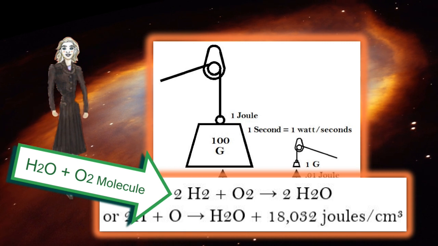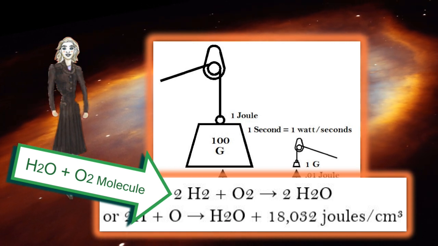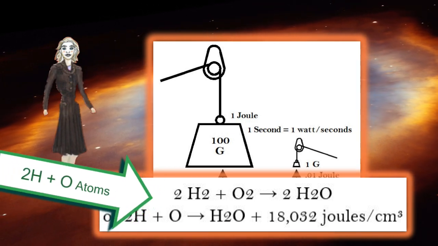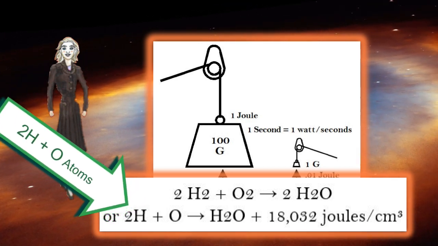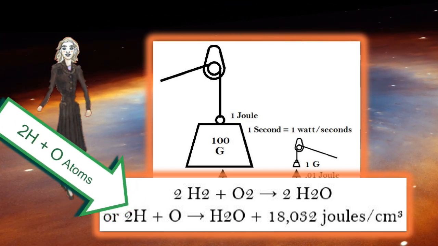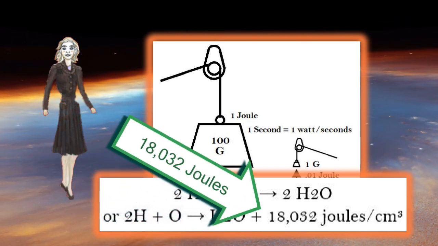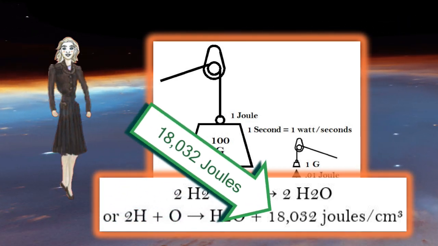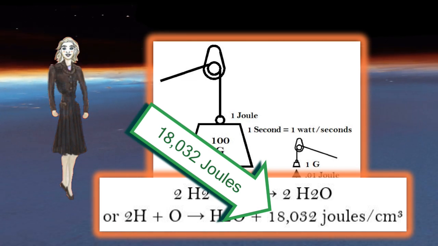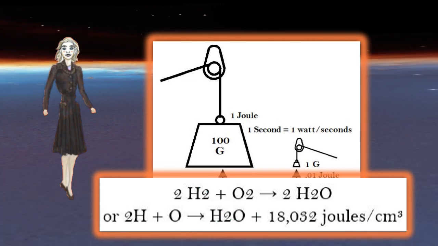Our experiment calculated atoms, so the latter notation of 18,032 joules is accurate for our calculations. Translated, it means there are 18,032 joules of energy that are released in the oxidation reaction of 1 mole of hydrogen, which is 1 gram.